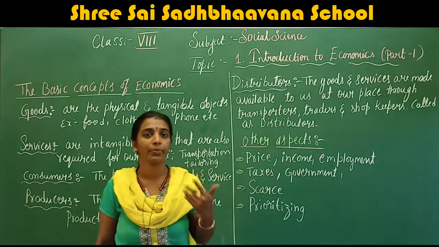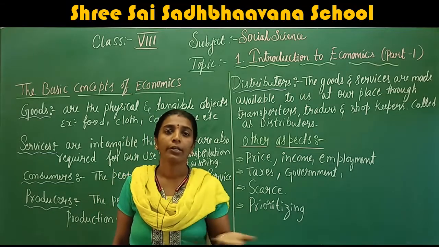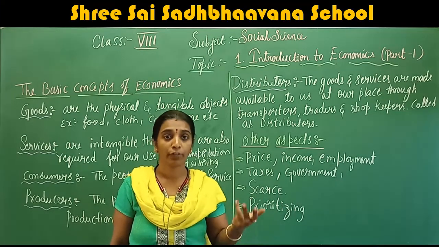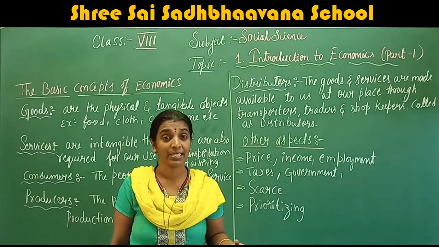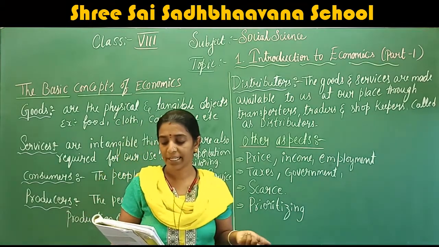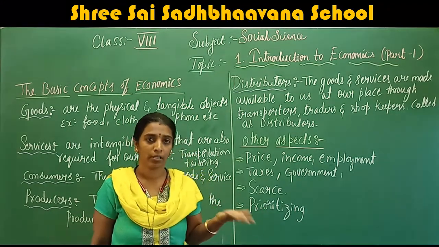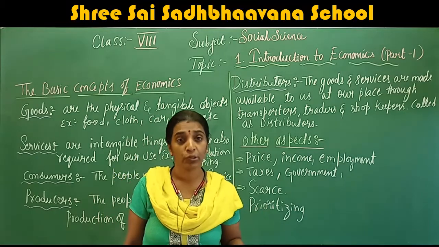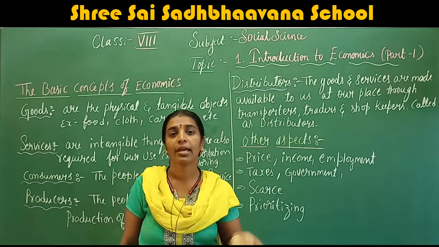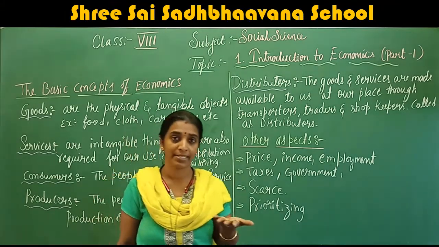Other than that, the basic amenities the government provides are the maintenance of roads, establishment of new roads, electricity, and common facilities like internal and external security. As humans in society, we need security also. The government will provide internal security through police stations, and external security through military services.